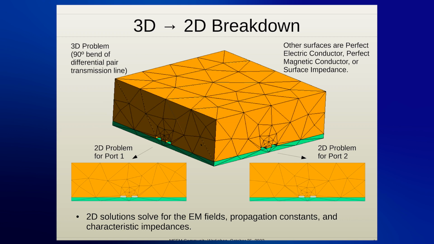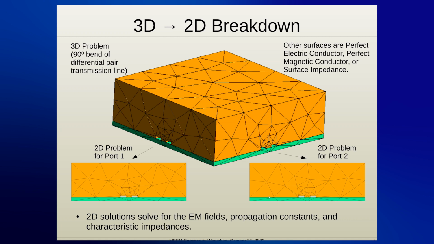For the sake of solving the scattering parameters, you need to peel off the 2D ports where the energies come and go. So in this particular example, there's a port 1 with a differential pair that matches up to the 3D mesh, and then a port 2. And the 3D problem solution goal would be to find the scattering parameters for the energy entering port 1, how much energy is reflected, and how much energy goes through to port 2.